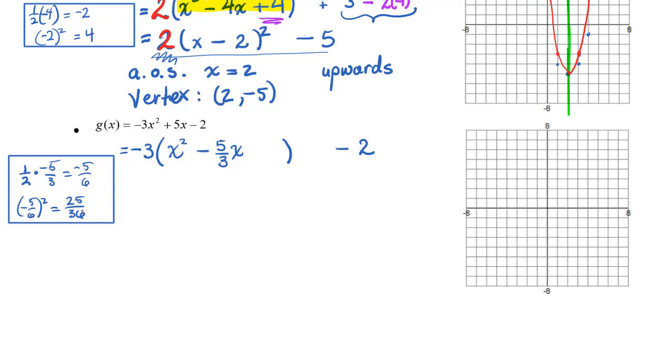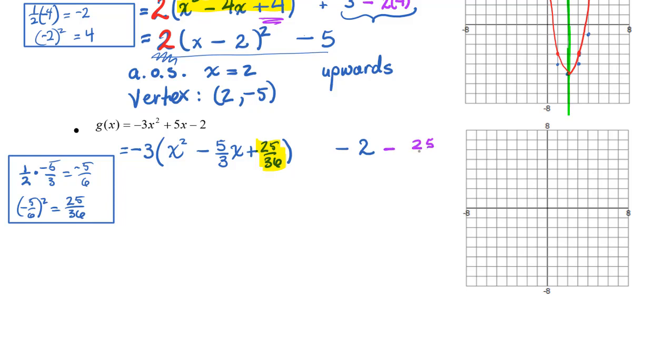Now I need to include that inside the trinomial grouping. So I'm adding 25/36.